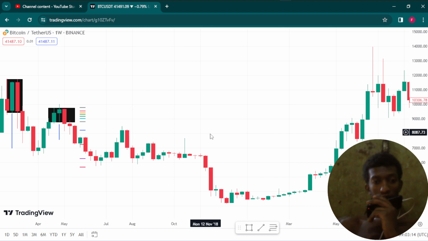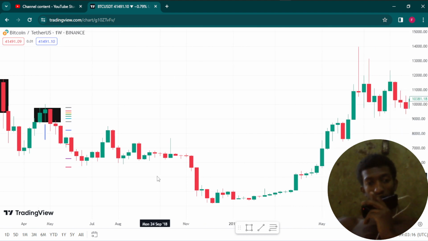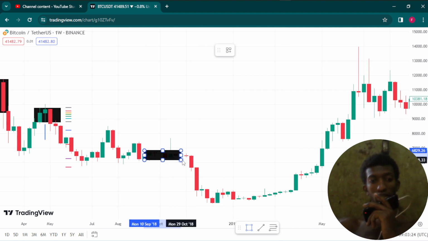Another beautiful trade. Where do you see another consolidation? Here in October 2018, we had a nice consolidation. And what happened was the market broke out. So you enter a buy right there.